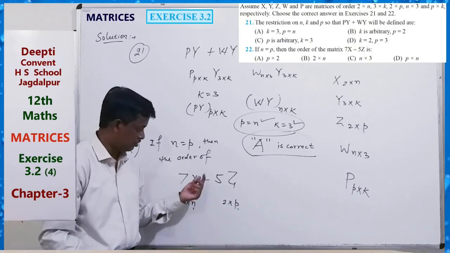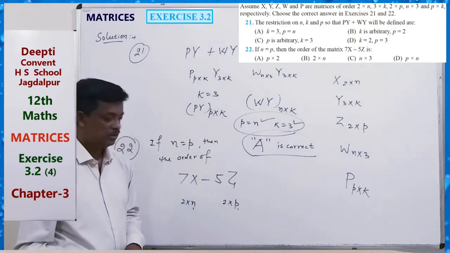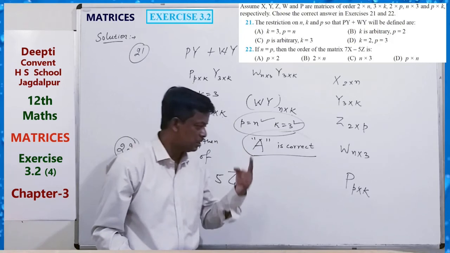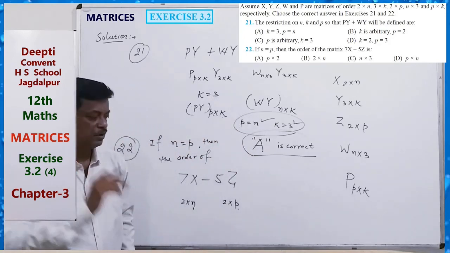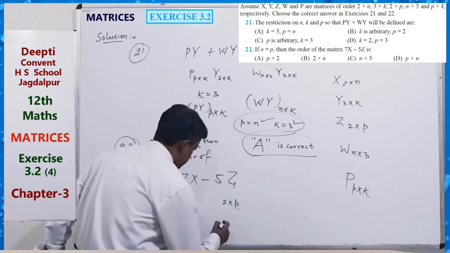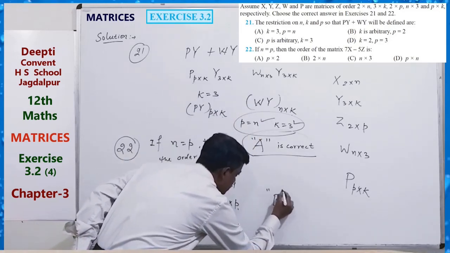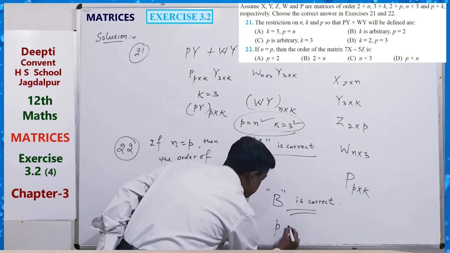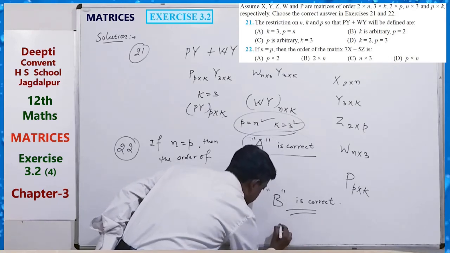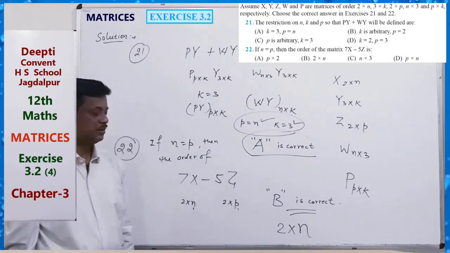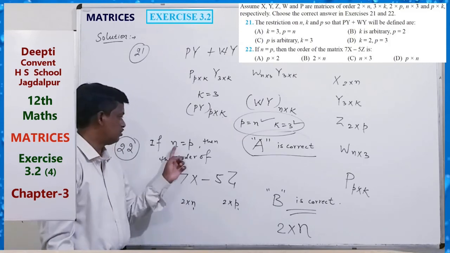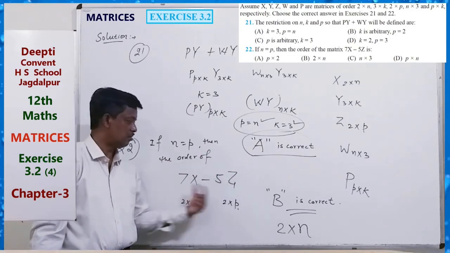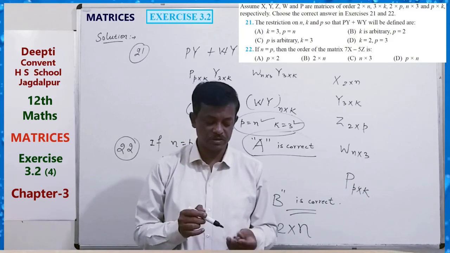It is defined, and the order will be 2 by n or 2 by p, same thing, because n equals p. So finally the order is 2 by n. That is given in option B. So option B is correct.